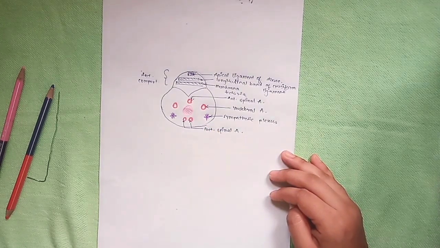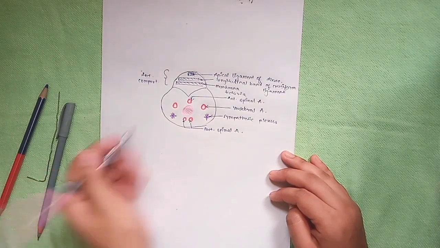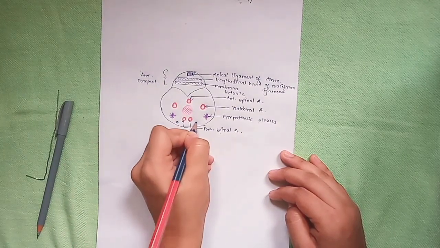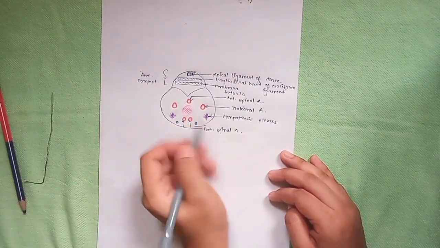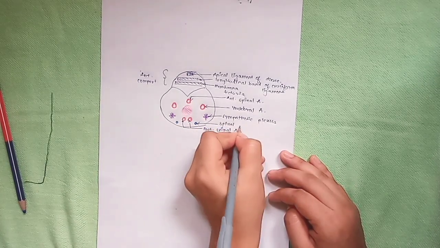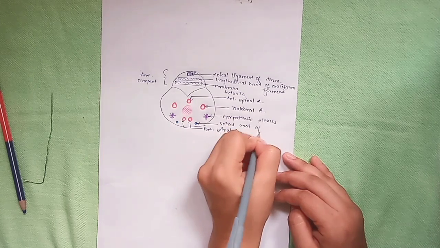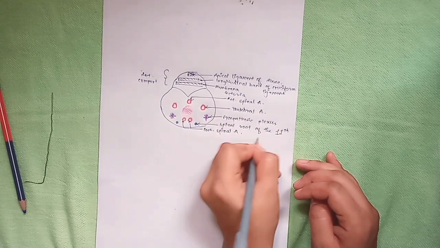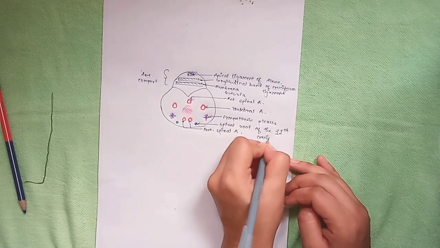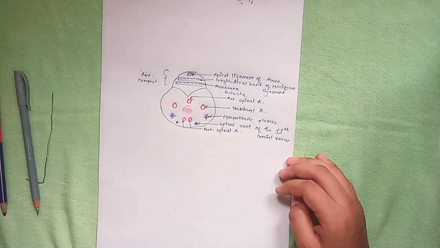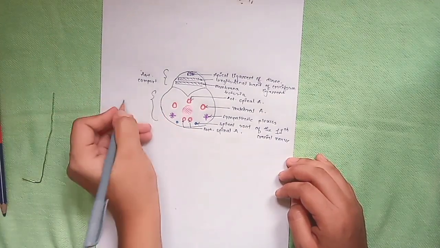And there are also spinal roots of the 11th cranial nerve, that is this. From this we can show the spinal roots of the 11th cranial nerve. So these are the spinal roots of the 11th cranial nerves. Okay, so these are the structures which pass through the foramen magnum.